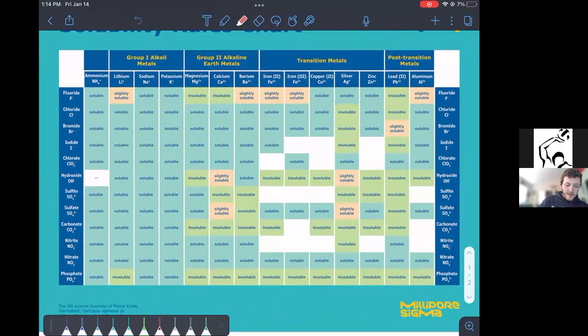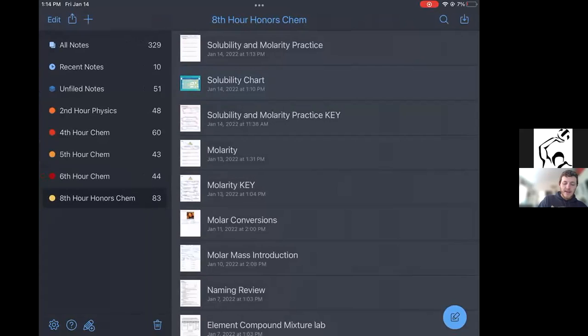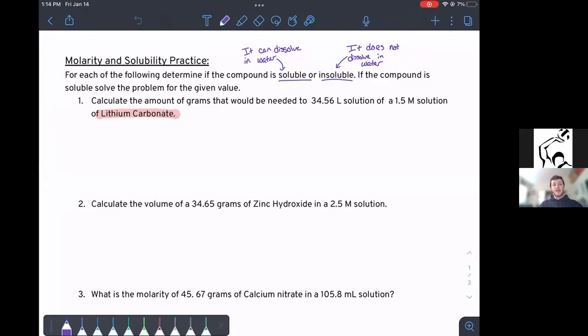But if we look at lithium, which is right here in the top, in the second column, and we look at carbonate, which is right here, we can see that when they cross or intersect, it does in fact say it's soluble, right? If it says it's soluble, that means it will dissolve in water, which means the solution can be made, which means now we have to do that calculation to figure out how many grams we would need.